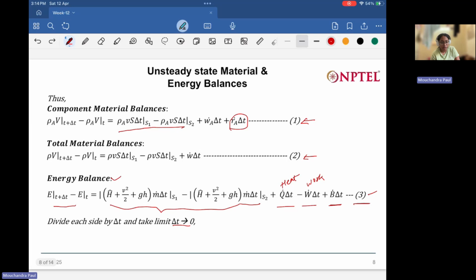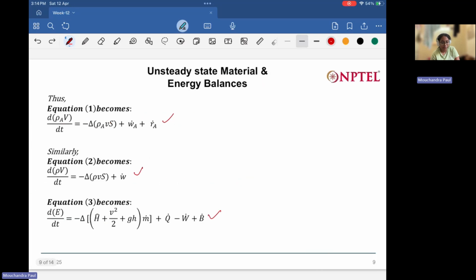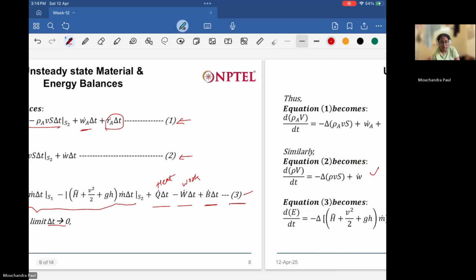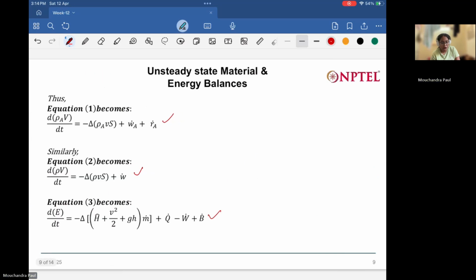So minus delta rho Vs plus V A dot plus R dot. Similarly, the total material balance equation in differential form becomes this, and the energy balance in differential form becomes this.